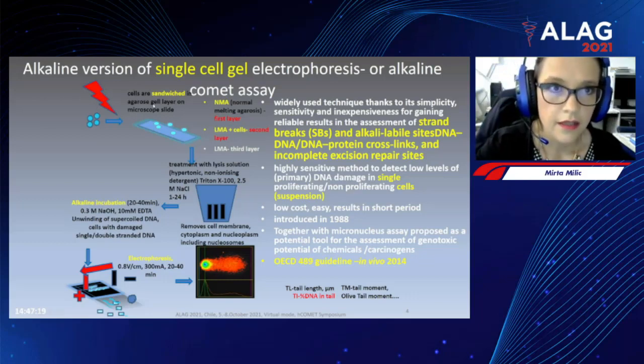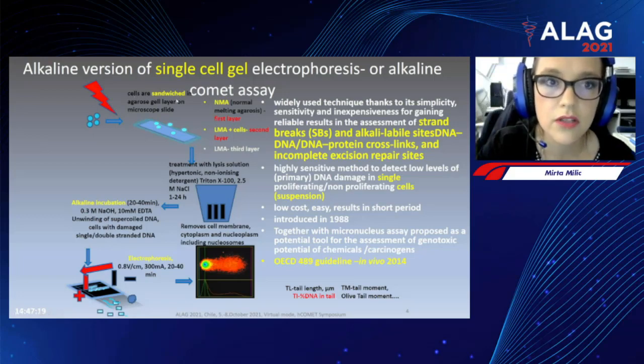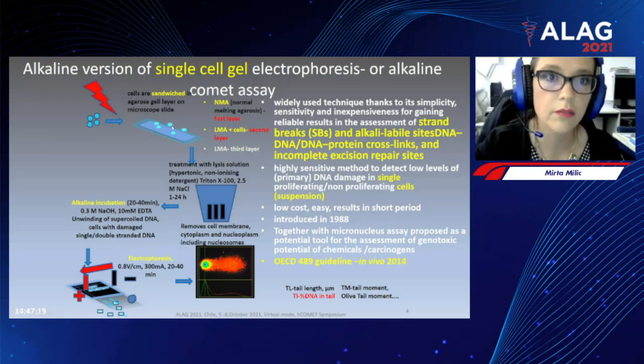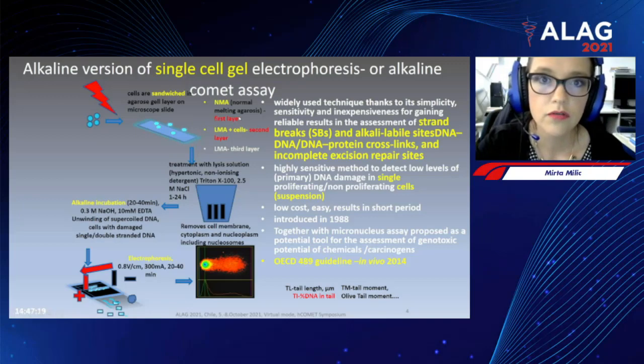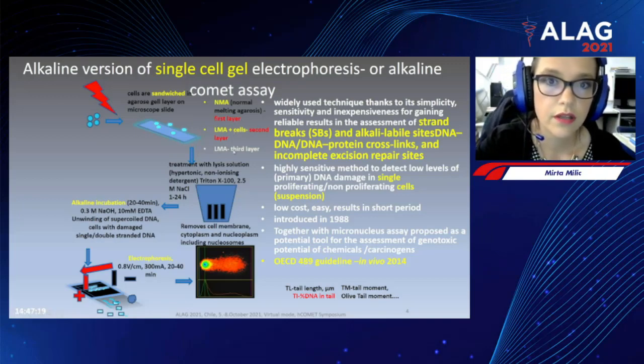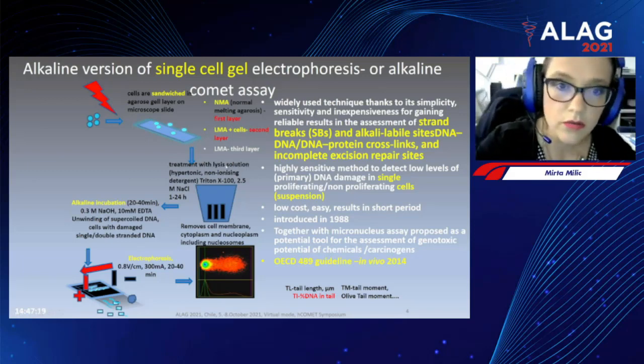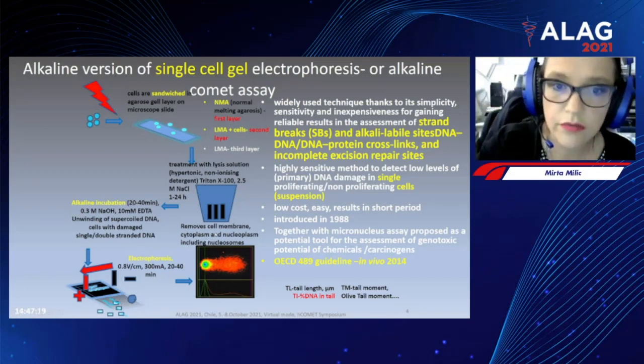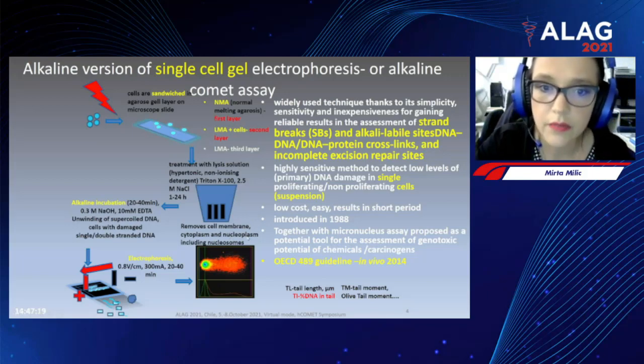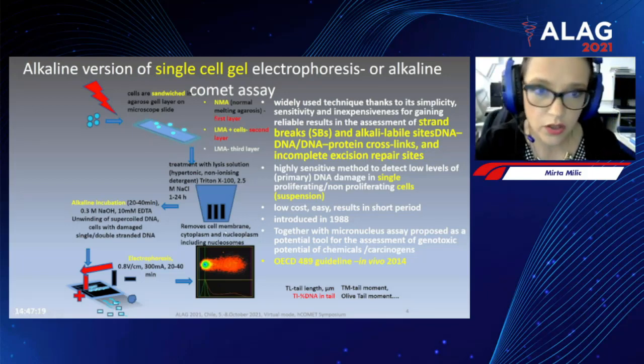Basically, in this technique, the single cell suspension is sandwiched in an agarose gel layer on the microscope slide. Usually you have 2 or 3 layers. In the middle or the upper layer are the cells. After that, there is a treatment with lysis solution, which serves to remove cell membranes, cytoplasm, and nucleoplasm, including nucleosomes.